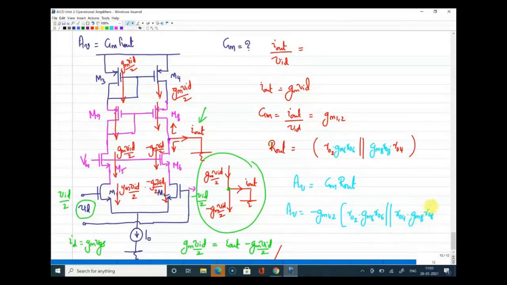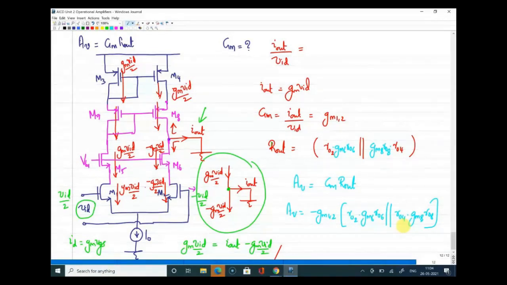This is just by writing only the intrinsic gain multiplication. You can elaborate this by writing it as R02 plus R06 plus Gm6 R06 into R02, and similarly on the other side. That is also possible. Is that clear, or any questions on this? Since we have written gain, if you have questions, please post.